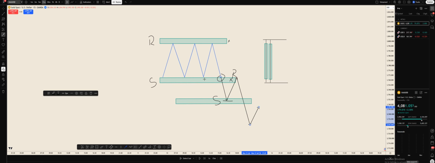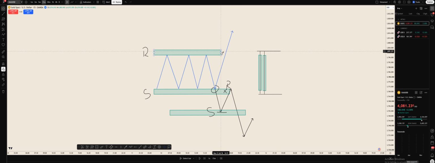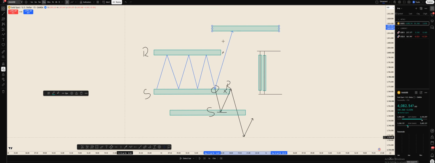Vice versa, if you see the market pushing above the resistance, of course it broke the resistance, so it created a new resistance. In that case, it will create a new support, and then it will create a new resistance to continue the upward trend. So when you look at the market, that's how the market is basically moving.